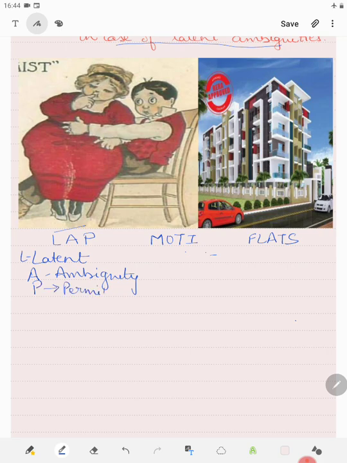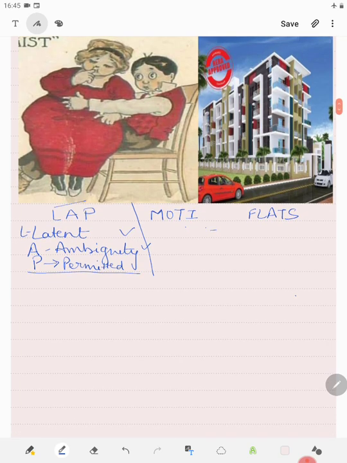So remember that wherever there is latent ambiguity, extrinsic evidence is permitted. The sole purpose of making this acronym was only this, so that you remember it when it is asked. Many times it is asked in the prelims examination.